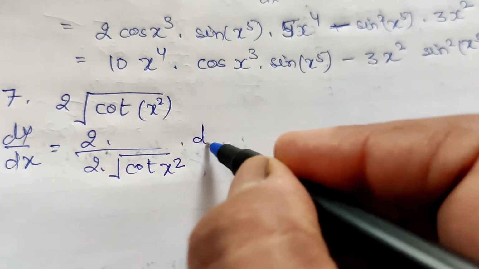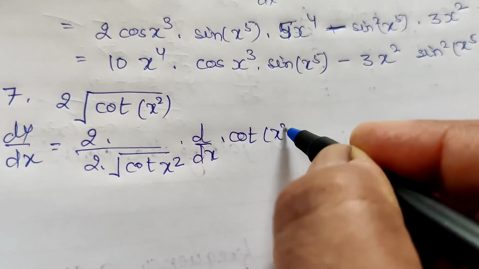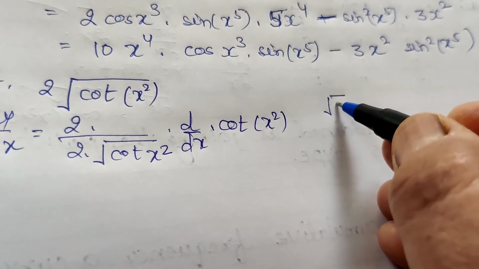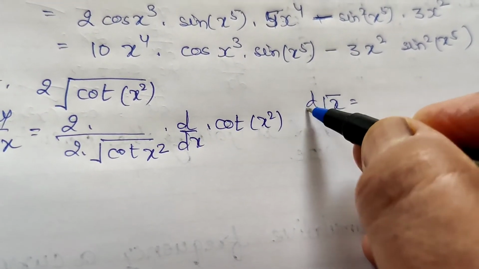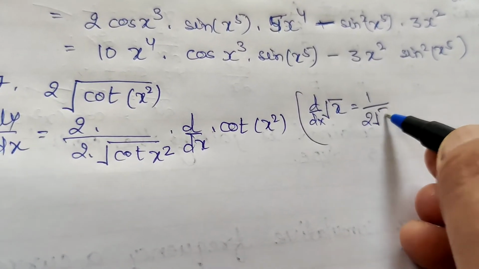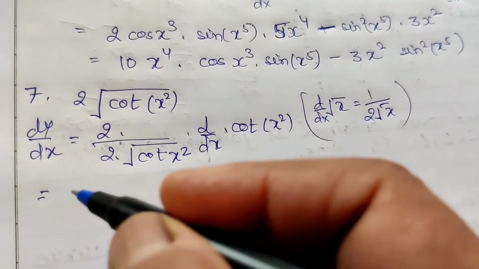Now dy over dx equal to cot(x square), and d over dx of under root x is 1 by 2 root x. Now 2 to cancel.